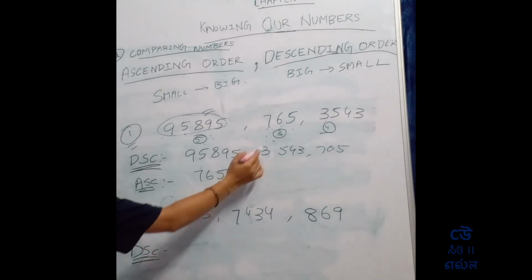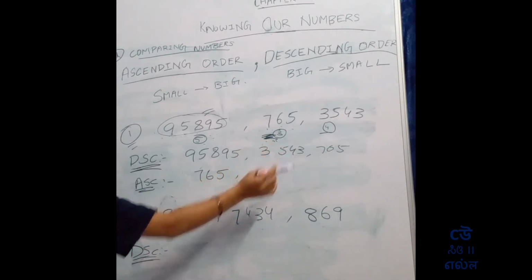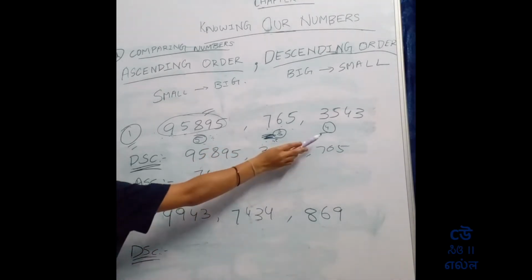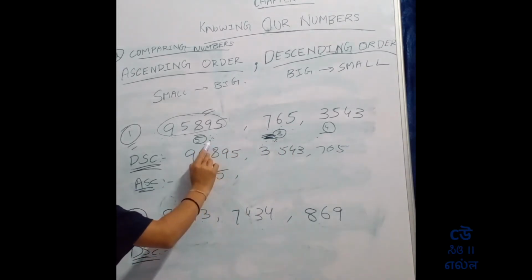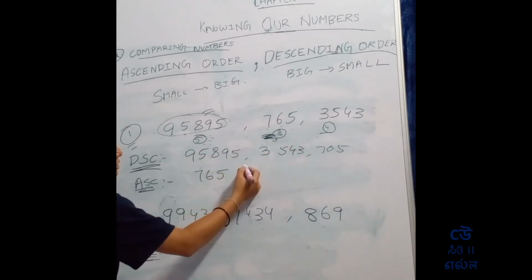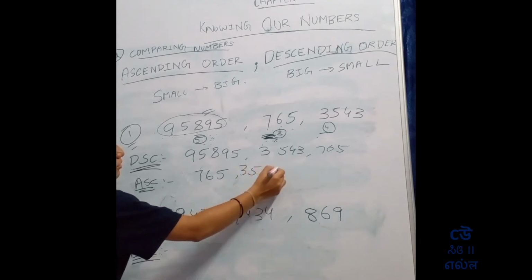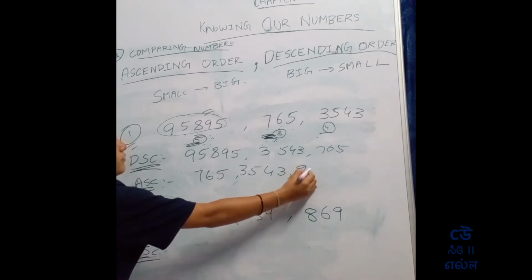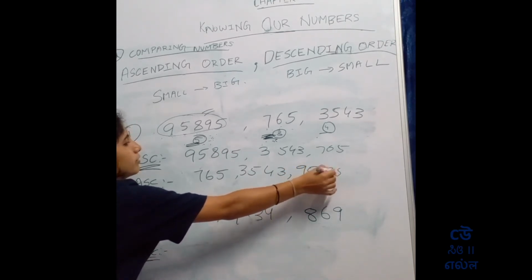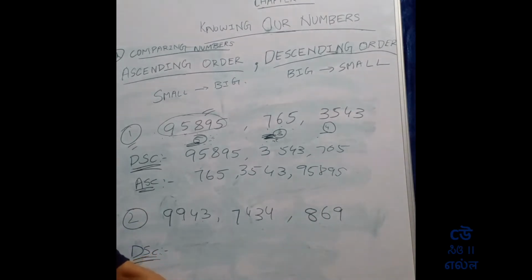In these three, this is done, and this and this are remaining. Of these two, the smaller is 3543. Then the remaining is 95,895. You got how to write greatest and smallest numbers with unequal numbers of digits.